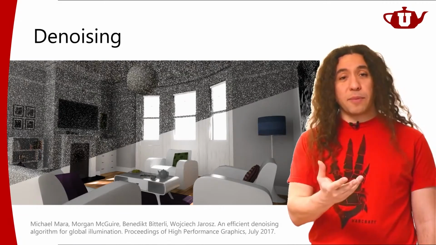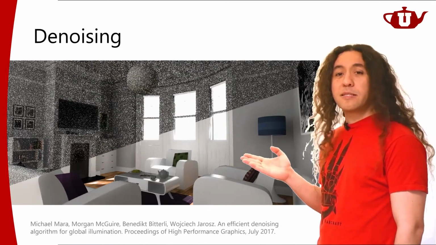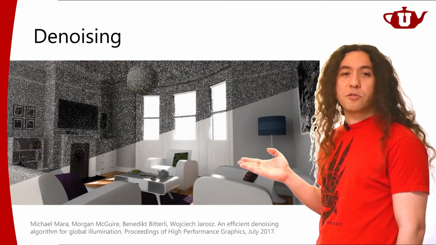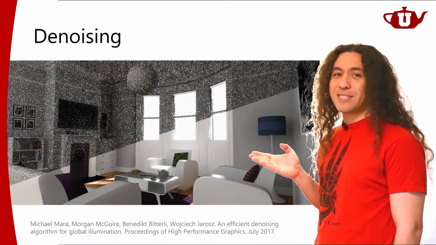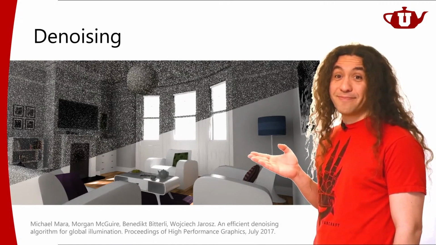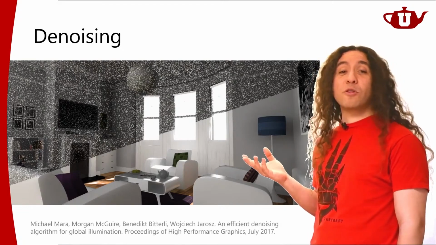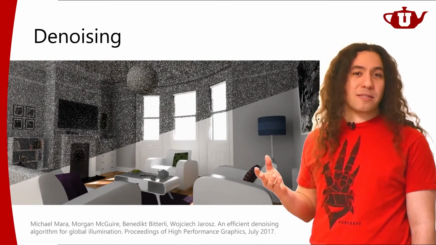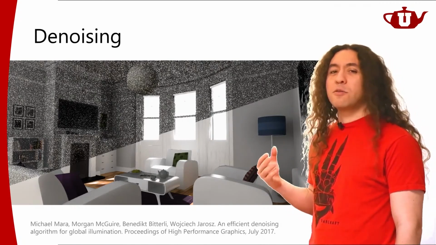Are we losing something when we do this? Obviously. This is just an estimate of what the final image is supposed to look like. This is not the actual computed final path traced image. This is an estimate of what the final path traced image would look like if you had enough samples per pixel. That's why you're losing some quality.